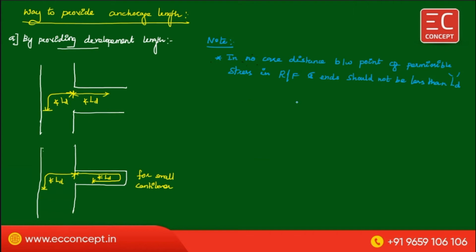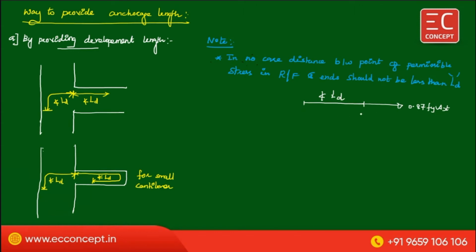Meaning, suppose this is the starting point, and this is the end point of the development length corresponding to 0.87 Fy AST, meaning this much development length is required. This much development is required to counteract this tensile force, the permissible tensile force of steel. This is LD. This value should not be less than LD.